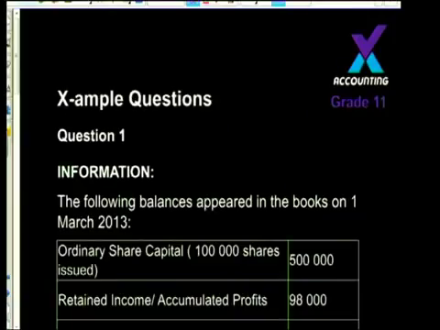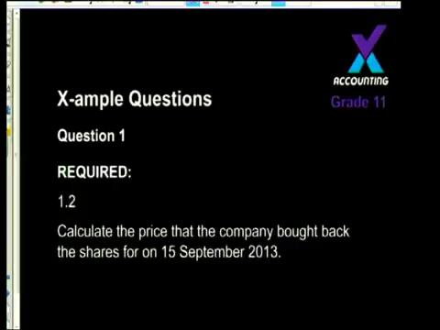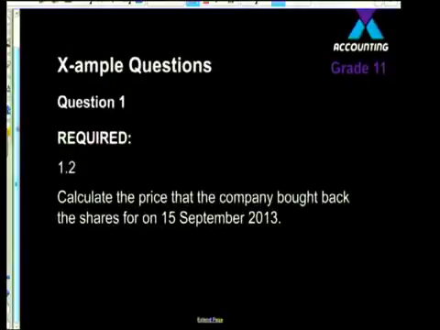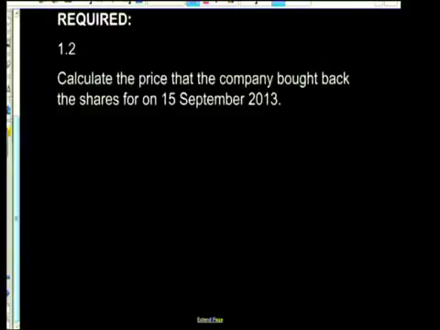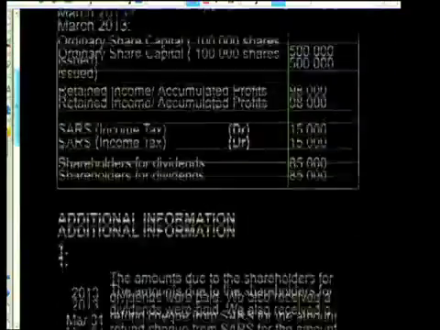The next question said, calculate the price that the company bought back the shares for on the 15th of September. Right, let's get to our information.